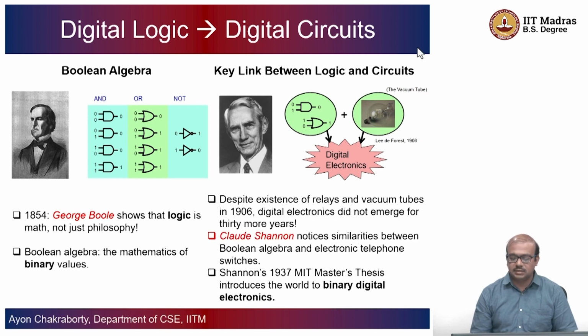So despite the existence, in those days, of relays and vacuum tubes, digital electronics did not emerge for more than 30 years. Everybody knew about the existence of Boolean algebra. There were relays and vacuum tubes, which are basically a proxy of the transistors, because transistors were not invented at that time.